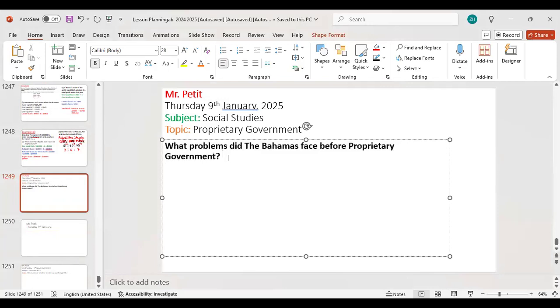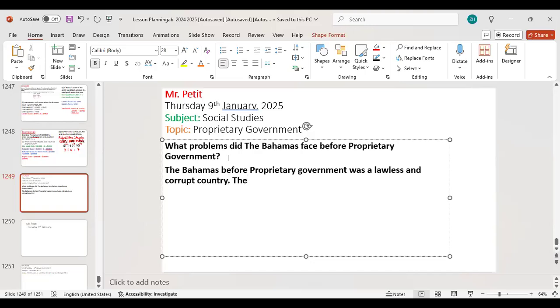So the Bahamas before proprietary government was basically a lawless town, a lawless and corrupt country.